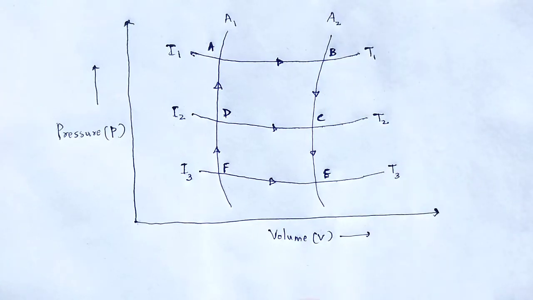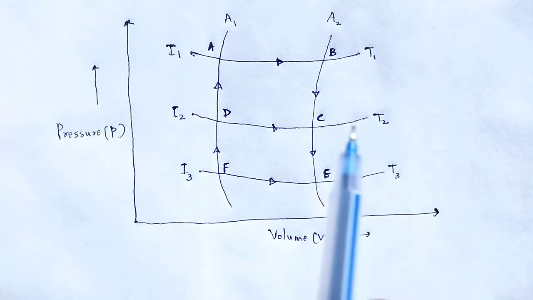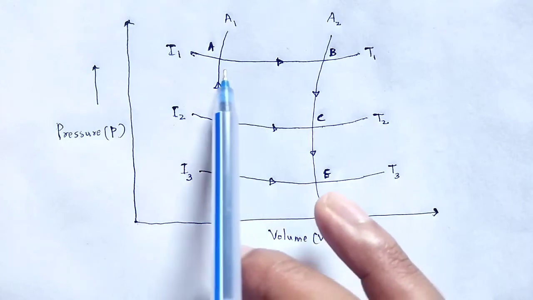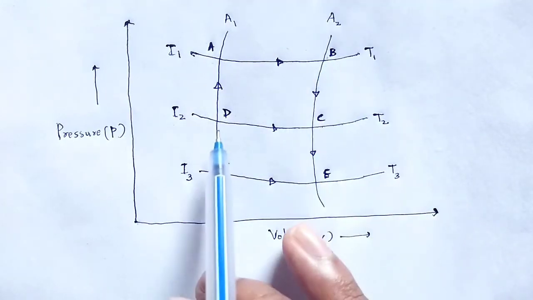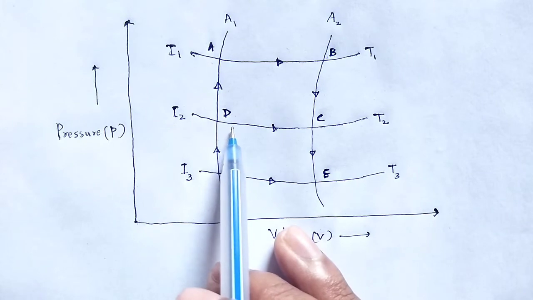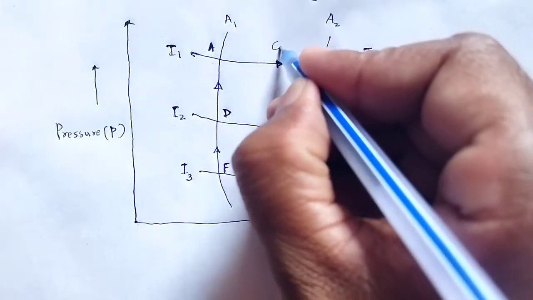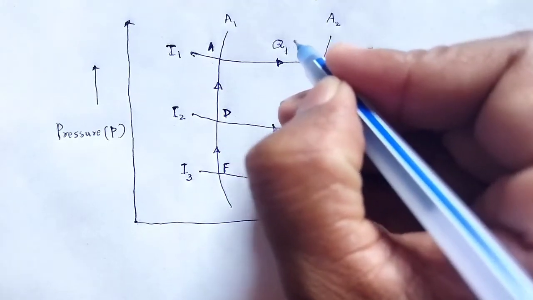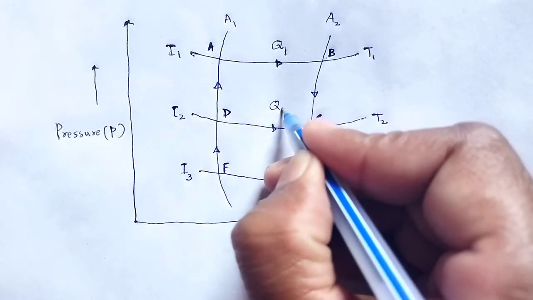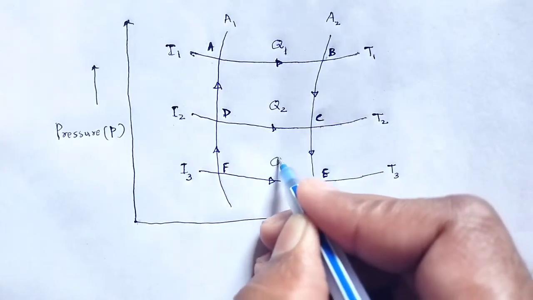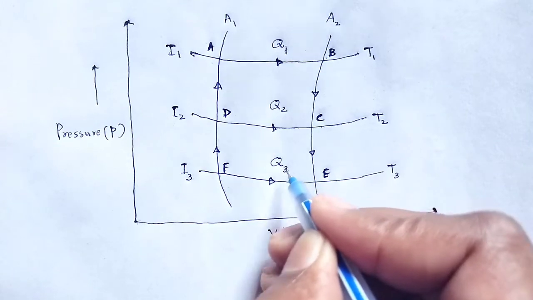Let us consider the Carnot cycle ABCD. Here the heat flow rates we consider are Q1, Q2 and Q3.